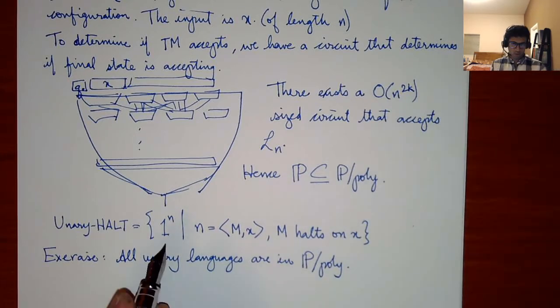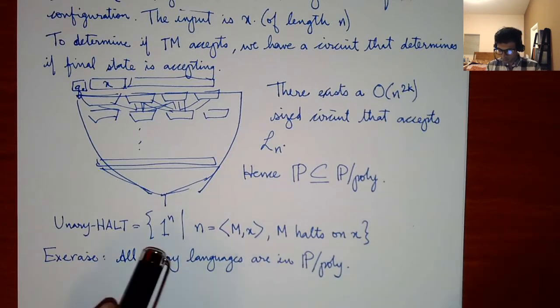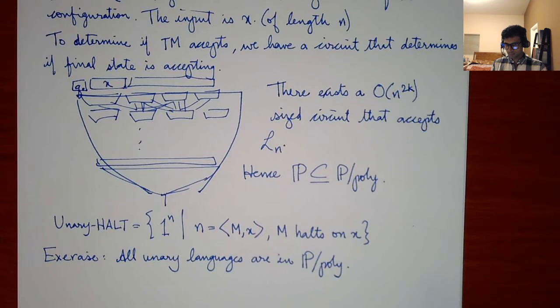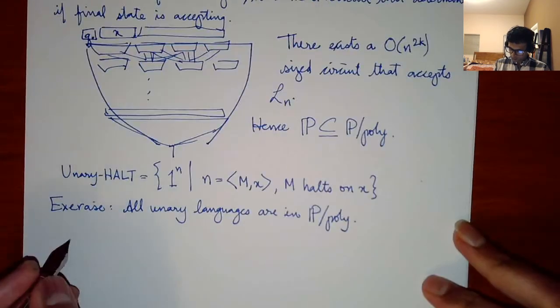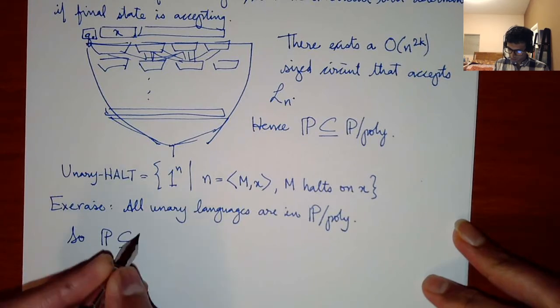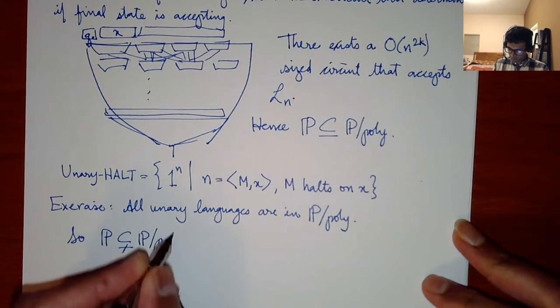All the circuit has to do is determine if all of the symbols are 1. Remember, a circuit family is a different circuit for every value of n. So that different circuit could simply encode whether 1 to the n is in unary halt or not. And so P is a strict subset of P/poly.